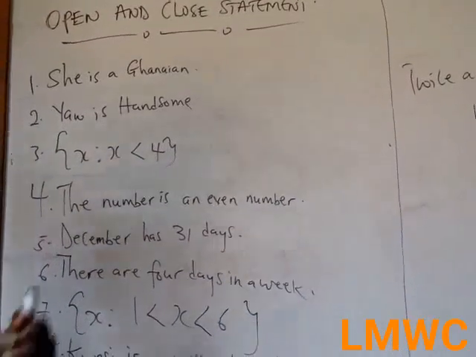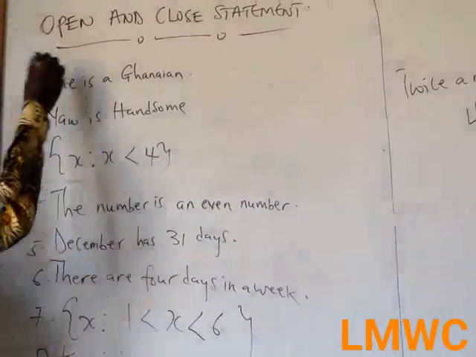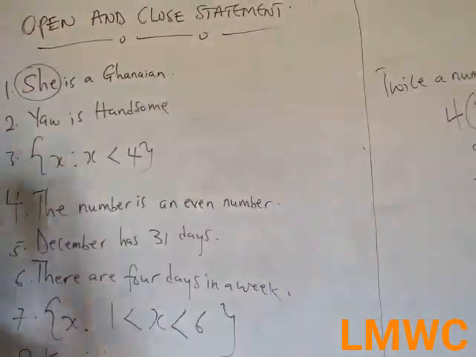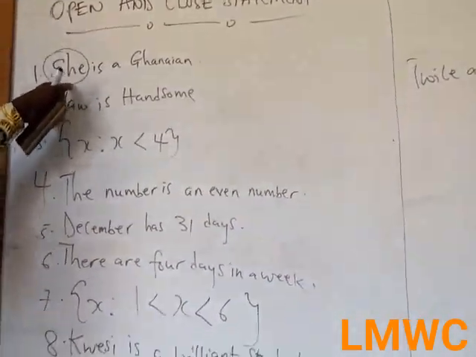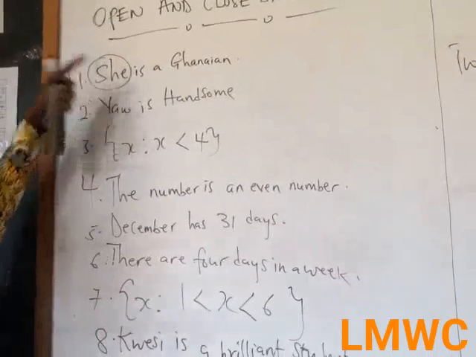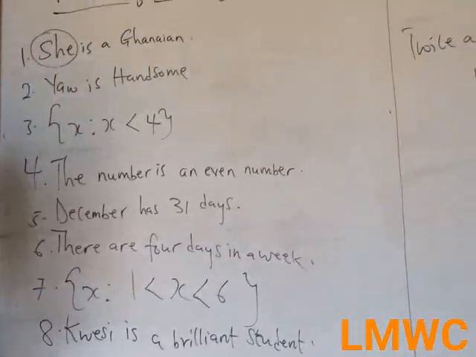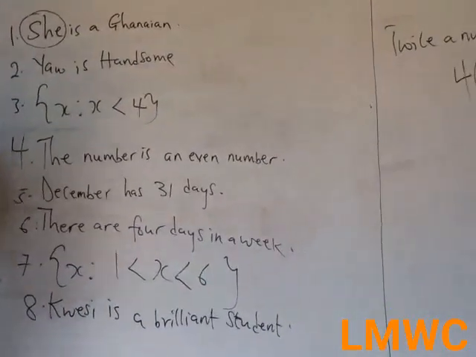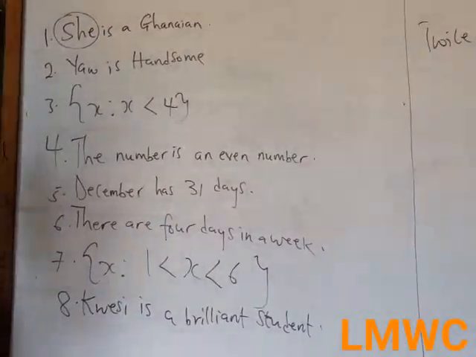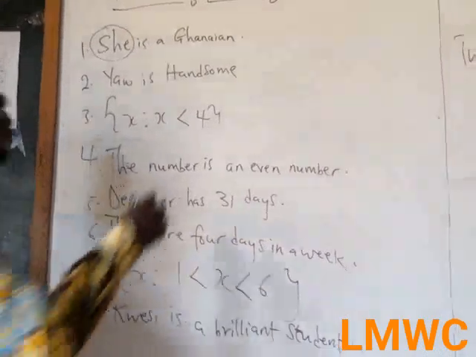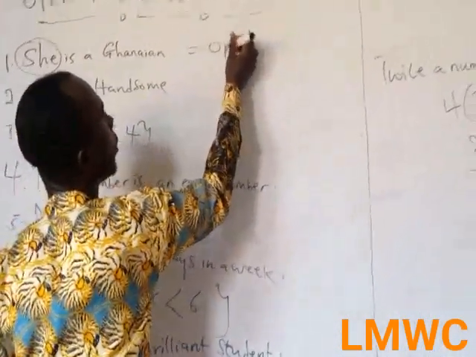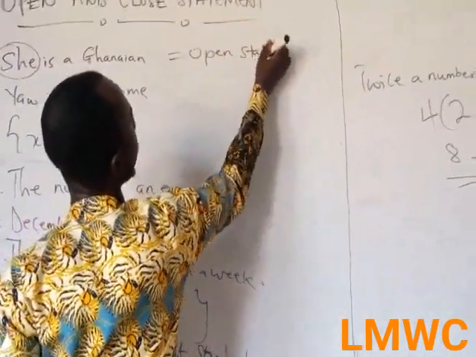Emina can be a Ghanaian. Now, we use a pronoun here, and this pronoun is for female. It can be Adwa, Emina, Akosia, Abeta. We don't know the person. But they wrote she is a Ghanaian. So it makes it an open statement.